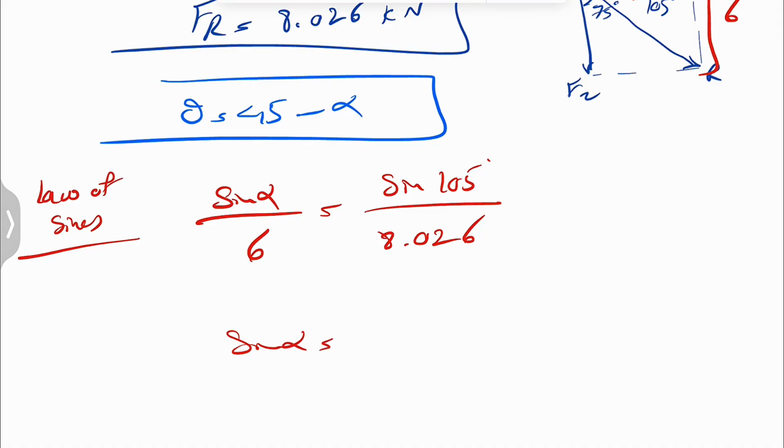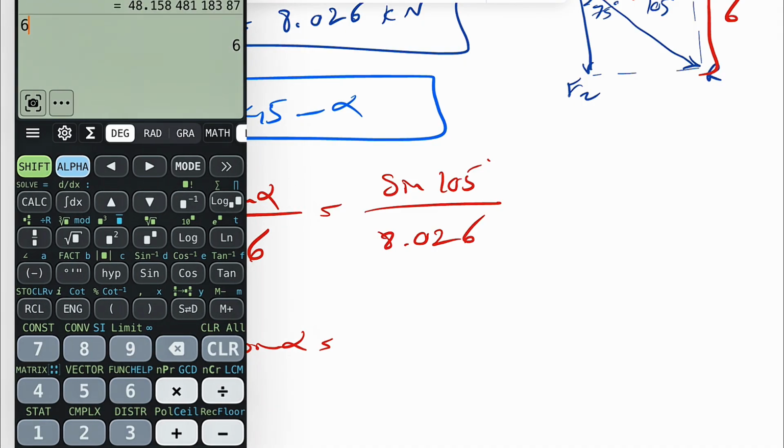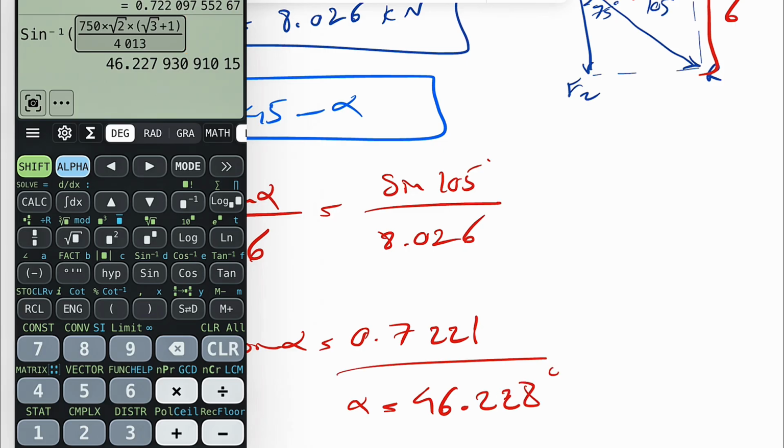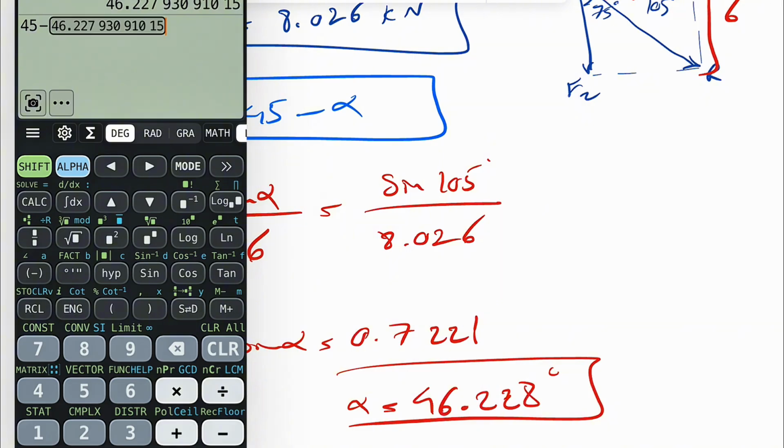So the sine of alpha would be 6 times sine of 105 divided by 8.026, which is 0.7221, and alpha would be the inverse sine of this value. So alpha would be 46.228 degrees.